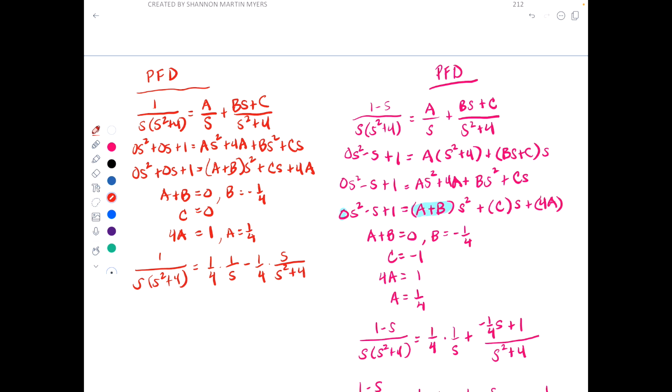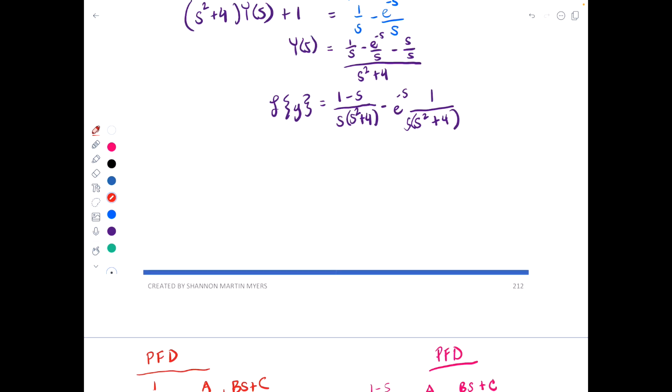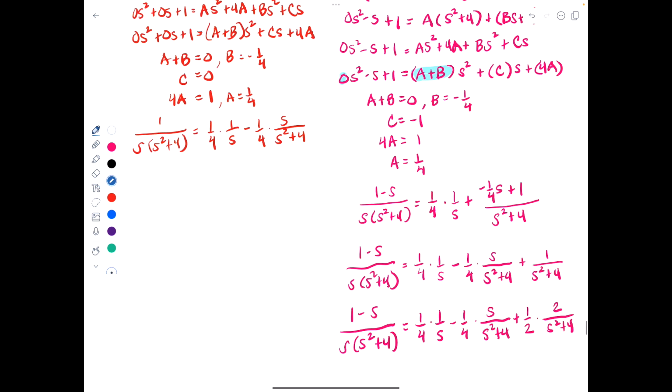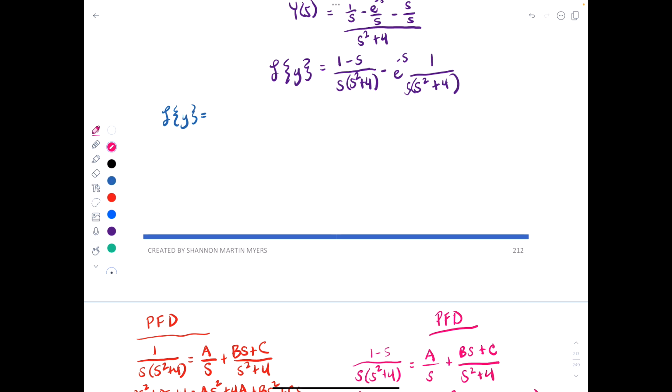Coming back and replacing those in, right, we will have L of Y is equal to, so replacing our 1 minus S with all this stuff we found in pink, 1/4 times 1 over s minus 1/4 times s over s squared plus 4 plus 1/2 times 2 over s squared plus 4.